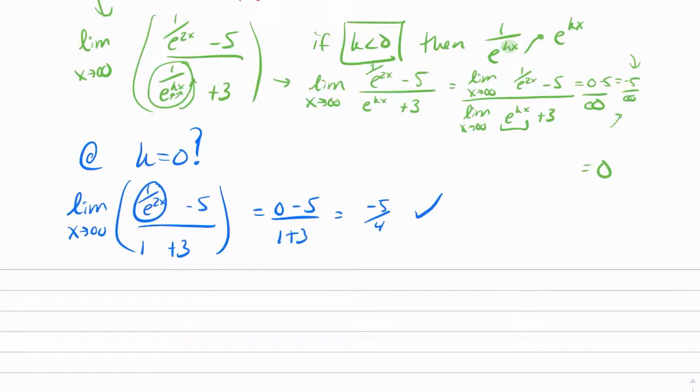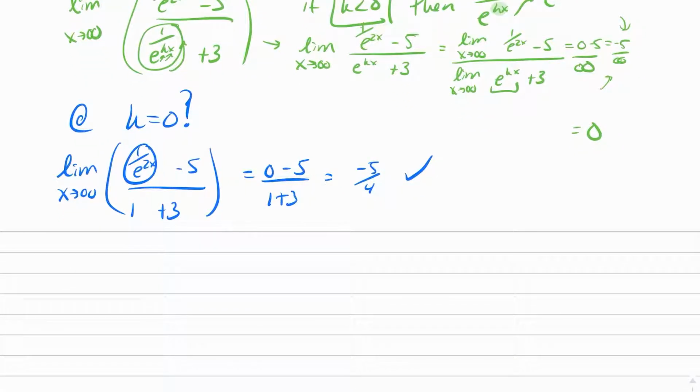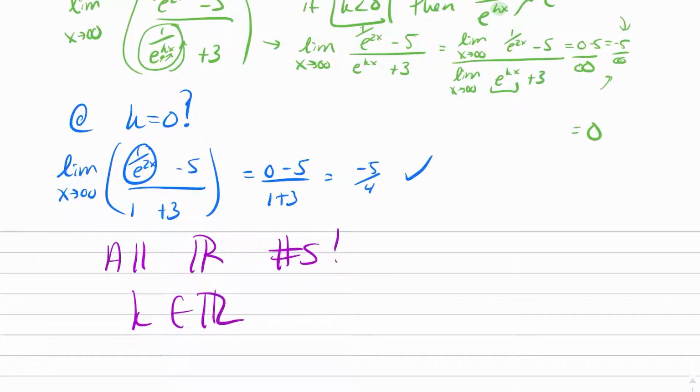And that means that that limit exists too. So we've shown that this limit exists for all real numbers. So k can be anything. k belongs to the real numbers. You don't have to use that fancy notation, but k can be any real number.